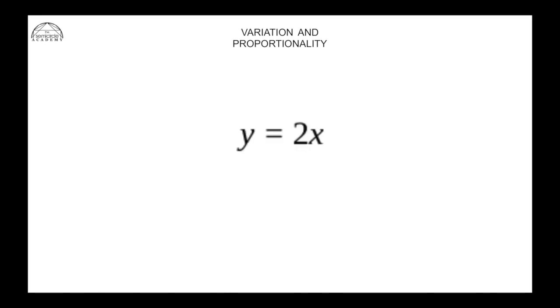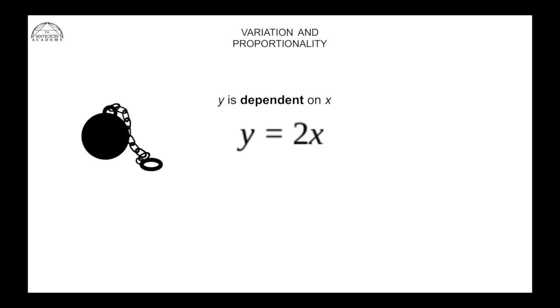So let's take a look at this equation one more time, and we could notice something, that y is totally dependent on x. So whatever the value of y is, that depends on whatever x is. So we could say that the value of y is kind of chained down. It depends on whatever the value of x is. And the value of x could be anything.